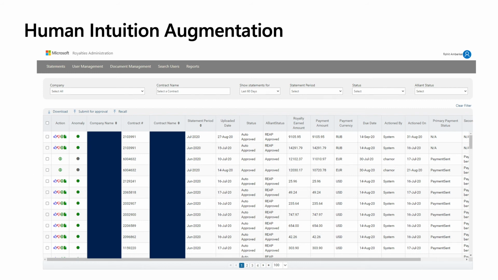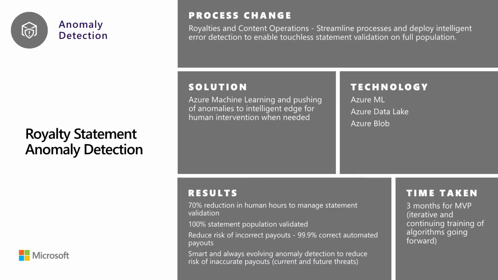So the overall benefit of doing this, as you can see on the next slide, is that we have reduced about 70% of the manual hours as a result of this automation. Earlier, these statements were sample tested. Now every statement goes through very rigorous testing.